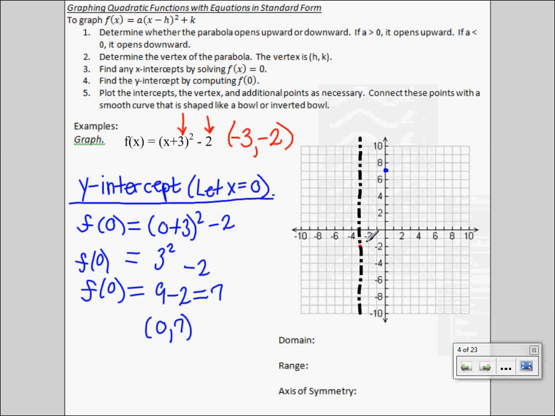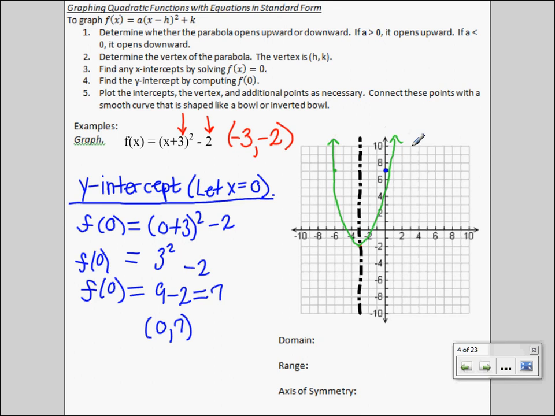And now we can actually connect in a U shape our red dot and our blue dot. And now, since this is our line of symmetry, how many points we are from this line is how many we're going to be on this side of the line. So 1, 2, 3. Let's go 1, 2, 3 in the other direction. There's another point. So now let's connect that to make a U shape. And that is our parabola.